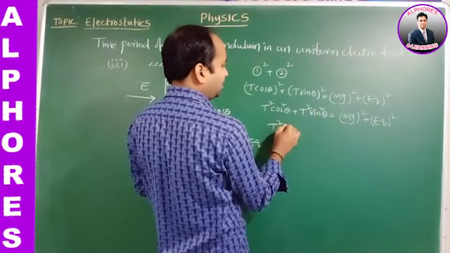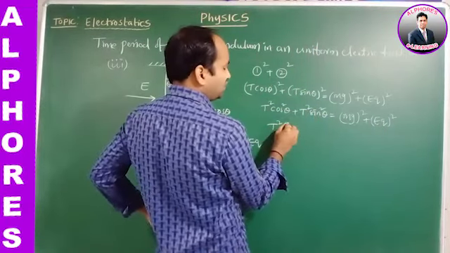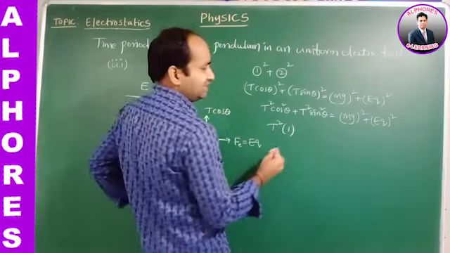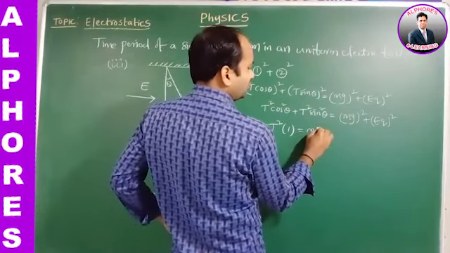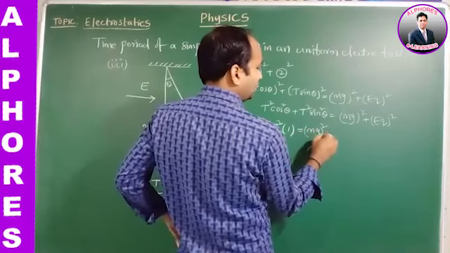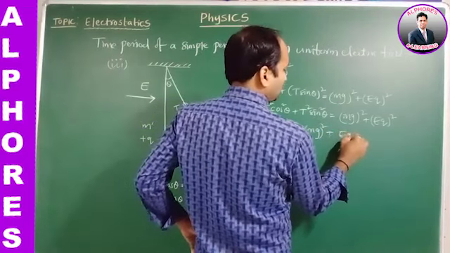If T squared is common, cos squared theta plus sin squared theta is 1, which is equal to mg squared plus Eq squared.